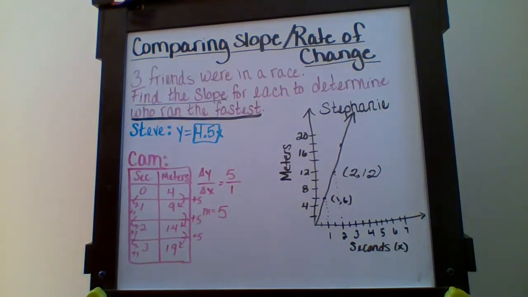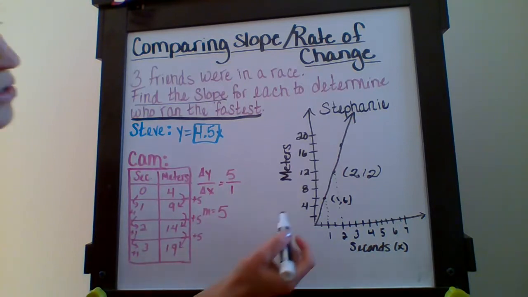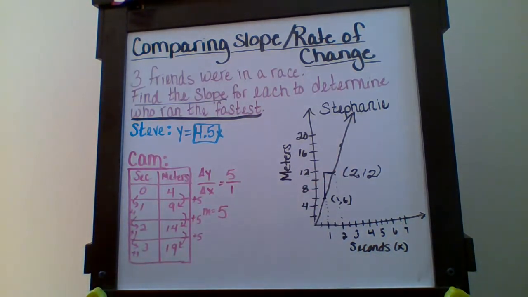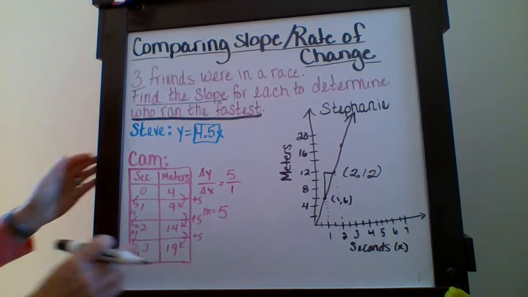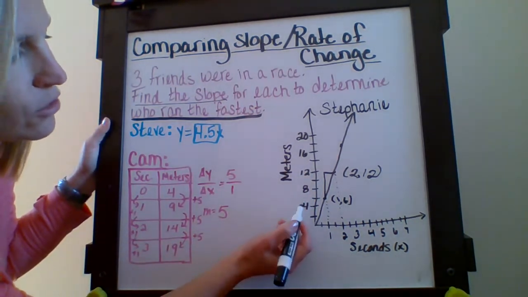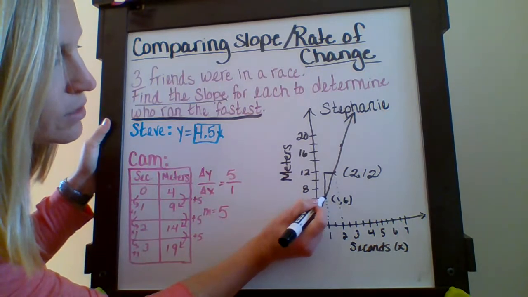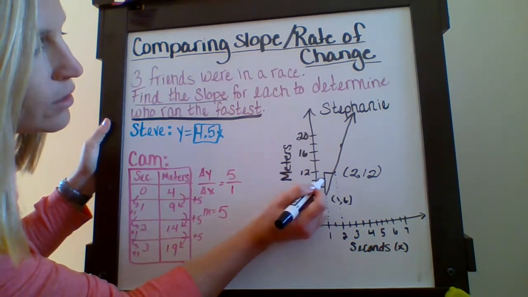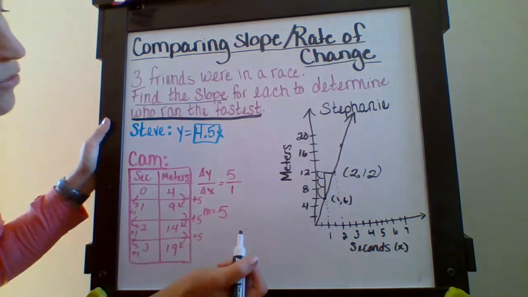You learned previously the formula y2 minus y1 over x2 minus x1 will give you the rate of change or the slope between 2 points. You can also make a triangle. When you're doing this, you want to make sure that you're counting by the right amount, because remember, these go up by 2s. From 6 to 8, that was 2, 8 to 10, 4, and 10 to 12 made it 6.